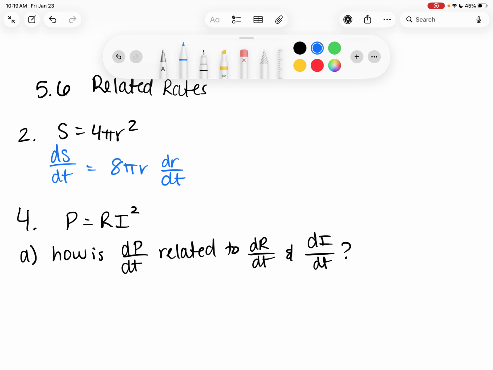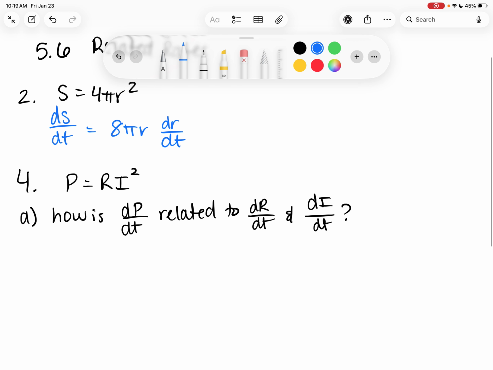So that means I need to take the derivative, but I've got a product rule, so I'm going to have dP dt is equal to the derivative of the first, so dr dt times the second I squared, plus the first r times the derivative of the second, which would be 2i.